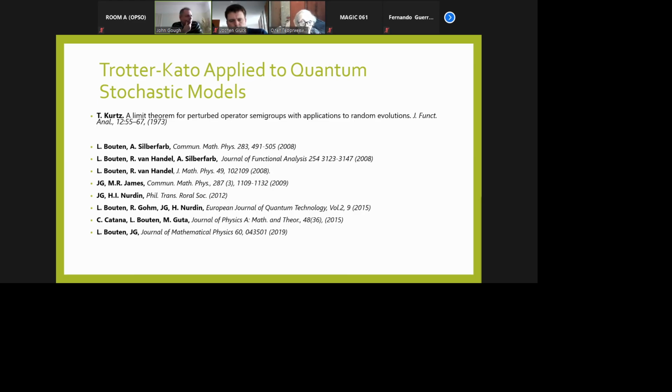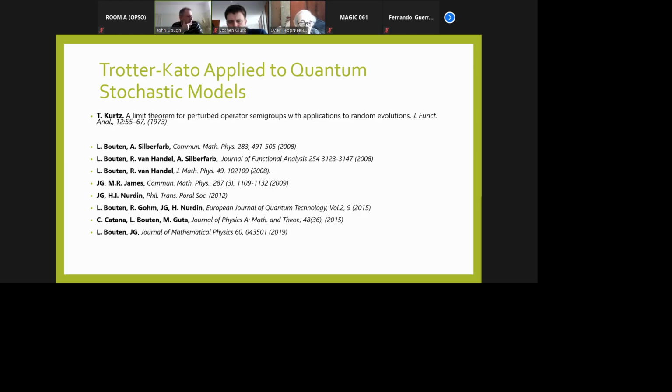They later involved Ramon van Handel, my previous collaborator in this, and they applied Trotter-Kato type results, first of all, to singular perturbations, but actually to a much wider class of problems as well.